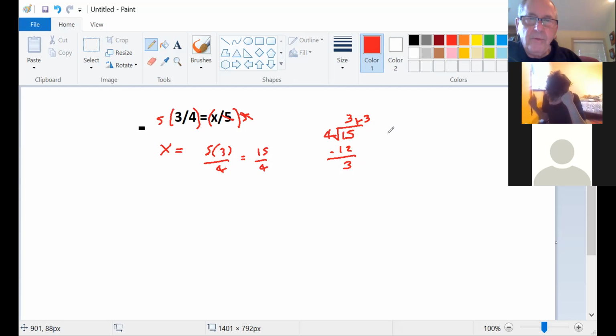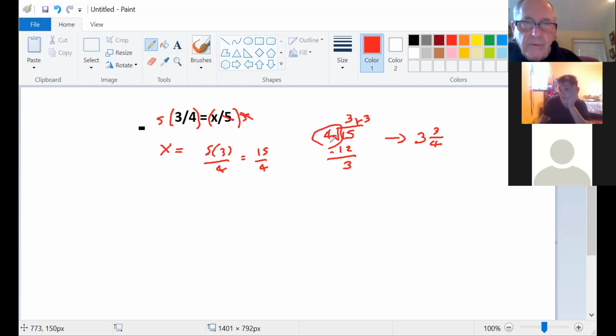When I do this, then I want to put it in terms of a mixed number. What's the mixed number going to look like? It's 3 plus 3 over 4, not 3 over 3.